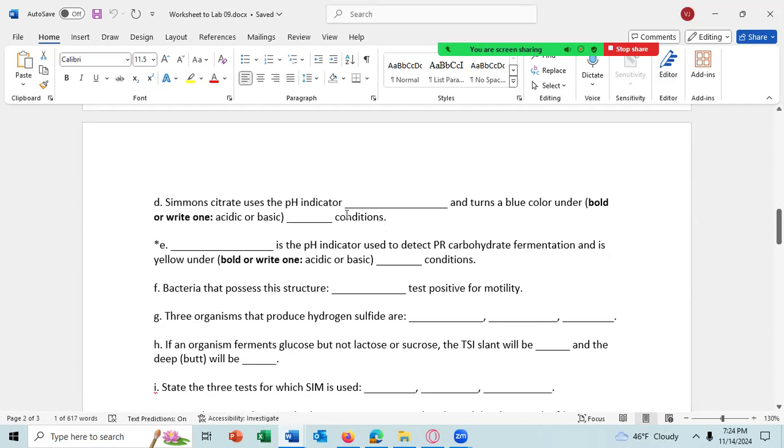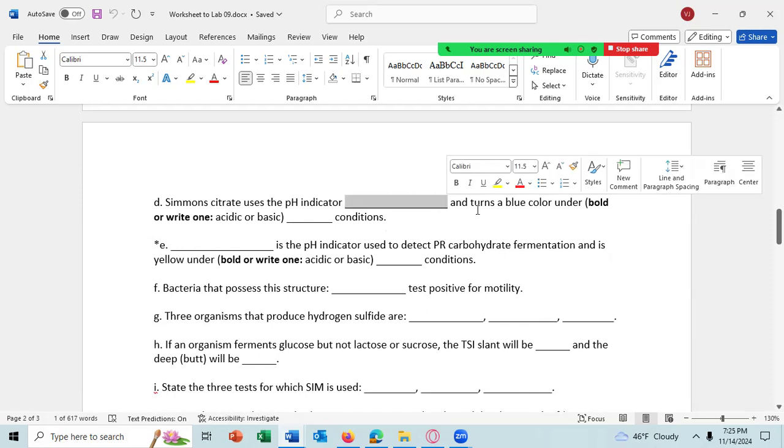2D1, Simmons citrate uses the pH indicator, name the pH indicator, and it turns blue under acidic or basic conditions. So you can bold it, acidic or basic, or you can underline or you can type it in right there or write it here. Okay, because that would be 2D2. 2E1, what is the pH indicator used to detect carbohydrate fermentation?